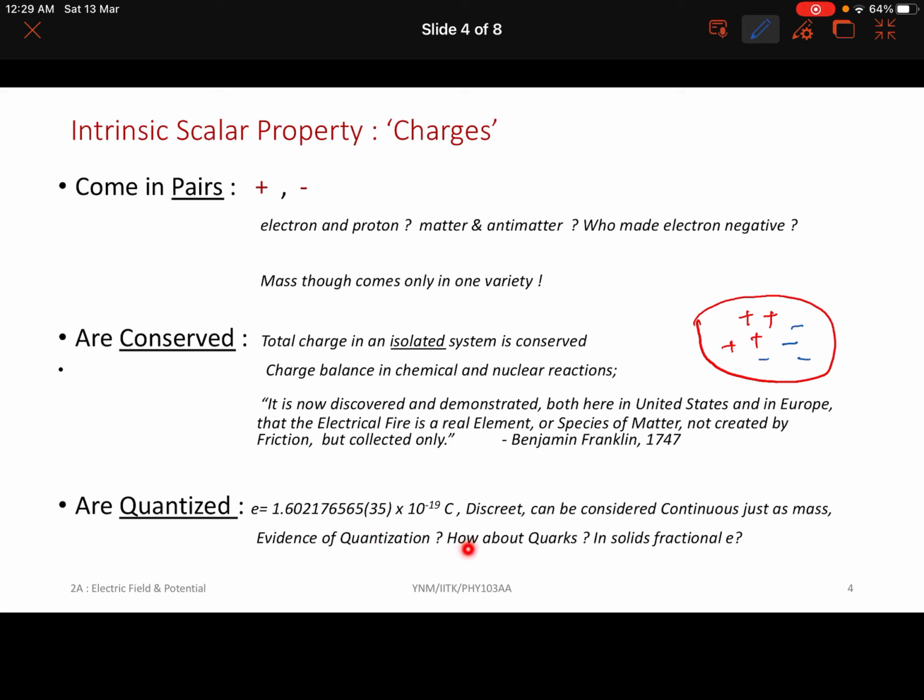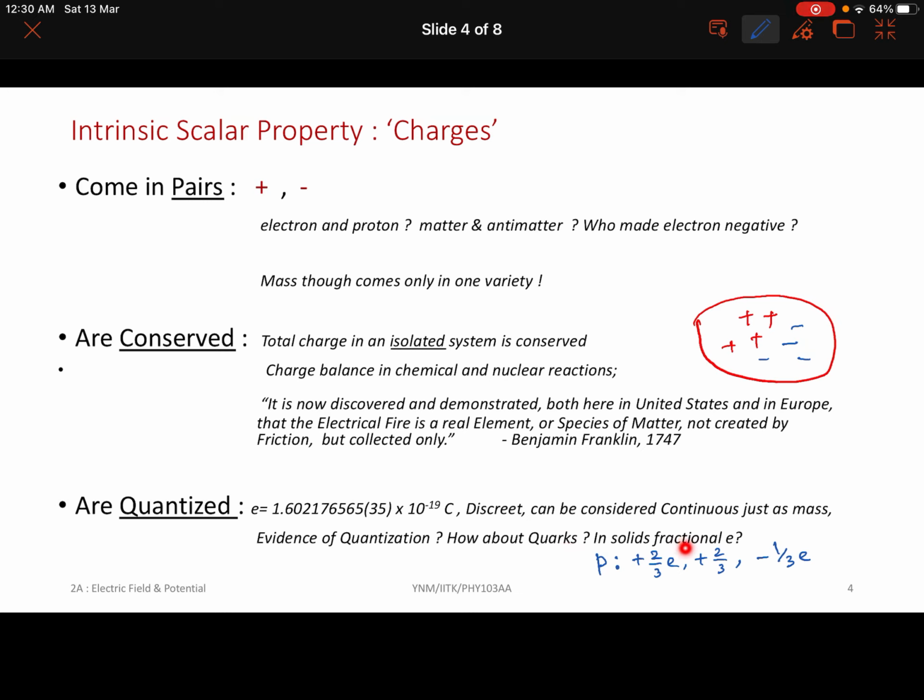But we know that particles called hadrons, like the proton, are composed of quarks, and the quarks have charges plus 2/3 e and minus 1/3 e. Except that these quarks are not free. We cannot separately get them out of the proton because of the strong nuclear force, and hence by quantization we really mean electronic quantization, not the quark quantization, though they are also quantized.